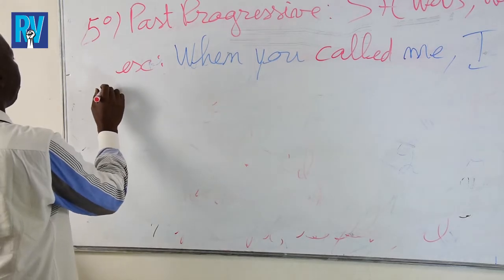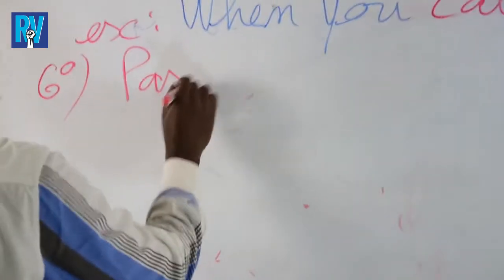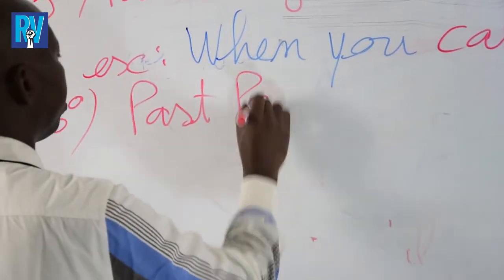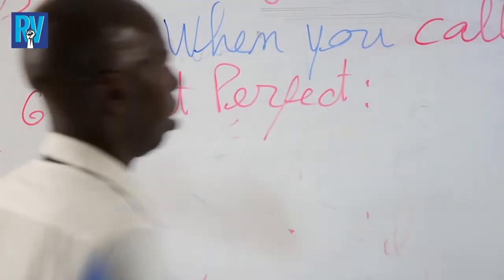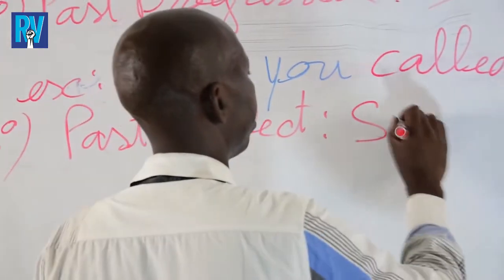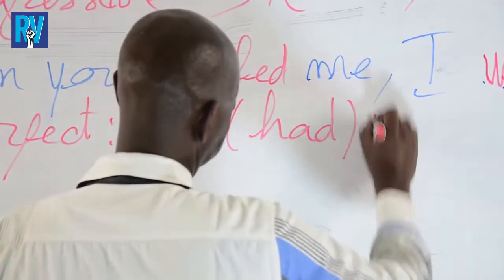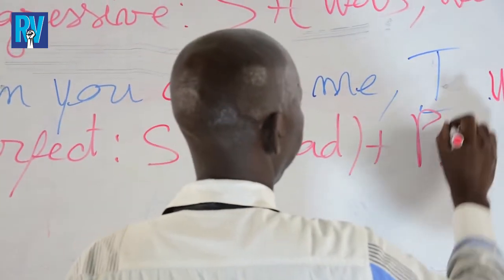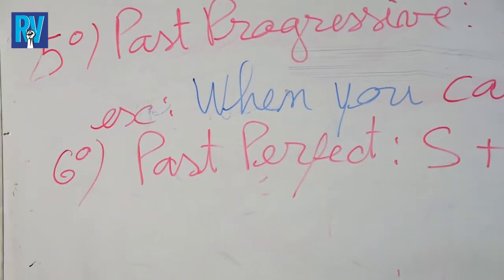And number 6, let us see the past perfect. We have subject plus had plus past participle.